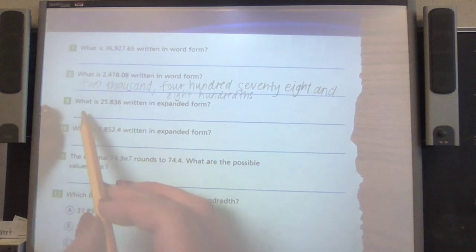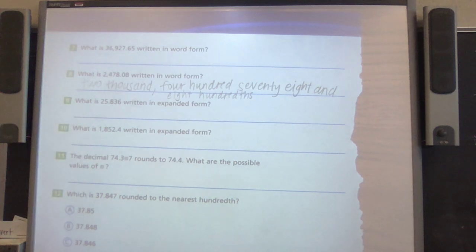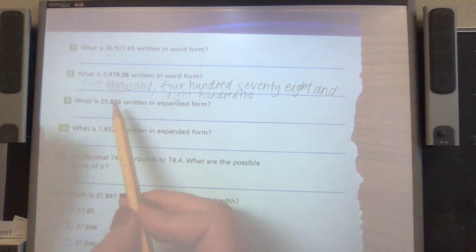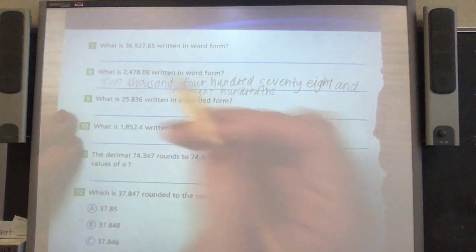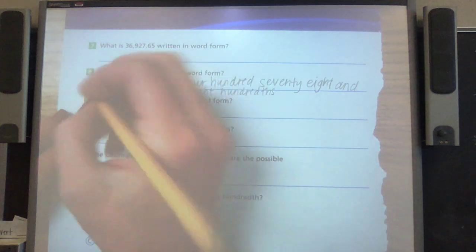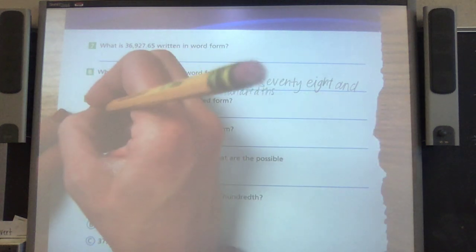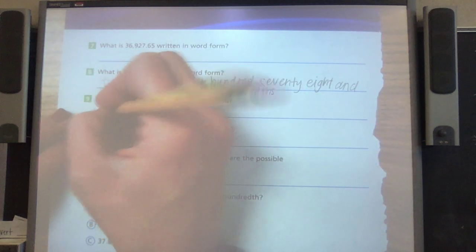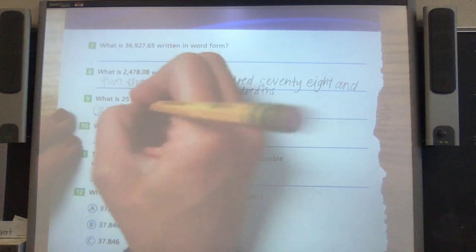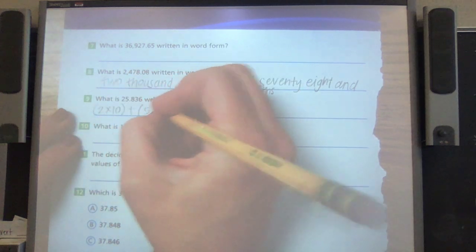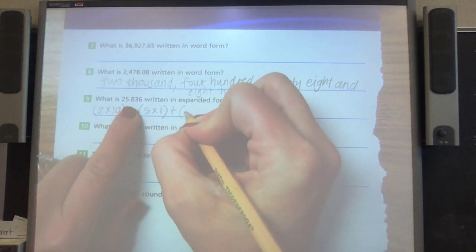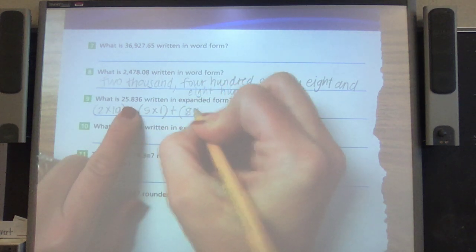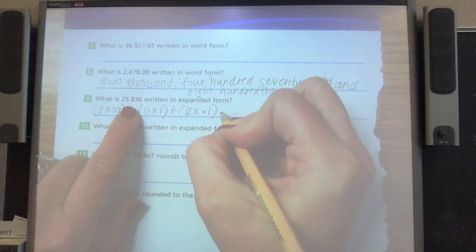Okay? Let's do number 9 because it's asking for expanded form. What is 25 and 836 thousandths written in expanded form? Let's start with the 2. That 2 is in the tens place. 2 times 10 or 10 times 2. This 5 is in the ones place. This 8 is in the tenths place.